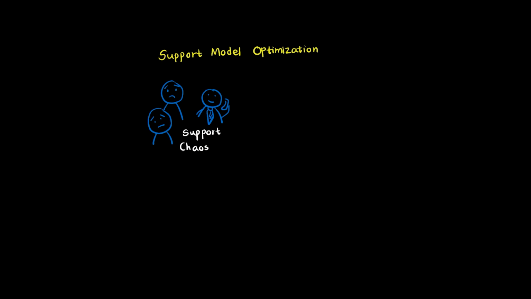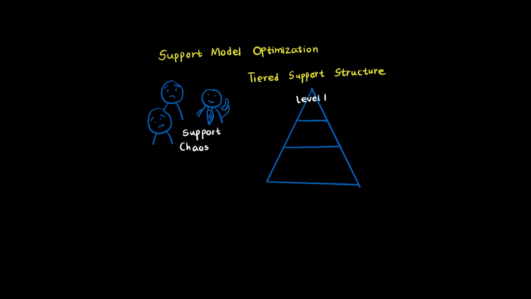Post-implementation support can make or break user satisfaction and system success. No support leads to frustration and abandonment. Executive-only support wastes expensive resources on simple issues. Random assignment creates chaos and inconsistent service. A tiered support structure optimizes resources brilliantly. Picture it like a medical triage system. Level 1 handles password resets and basic navigation.